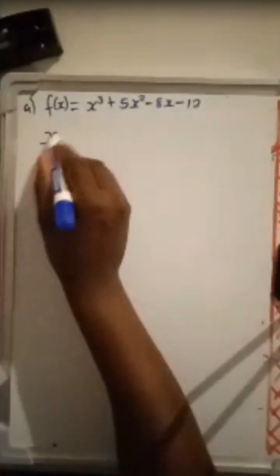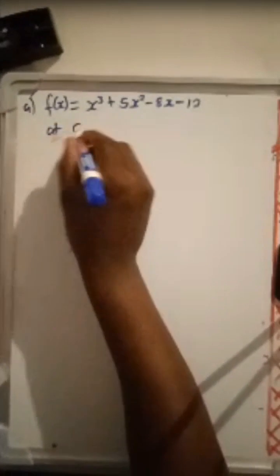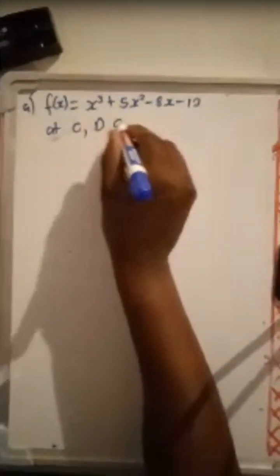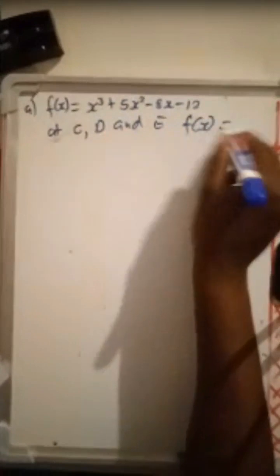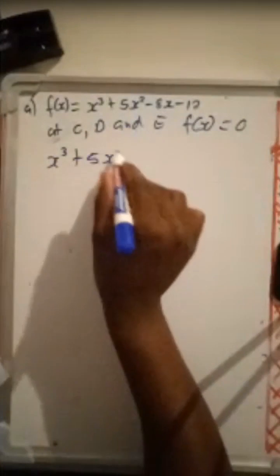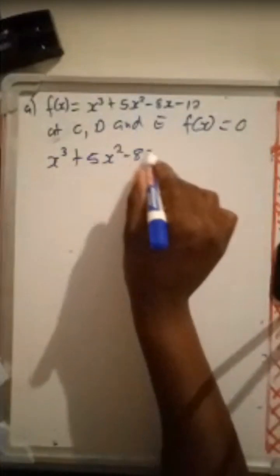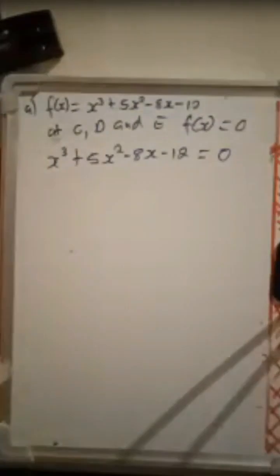Therefore, we equate the equation, or f of x is equal to 0 at C, D, and E. So x cubed plus 5x squared minus 8x minus 12 is equal to 0.